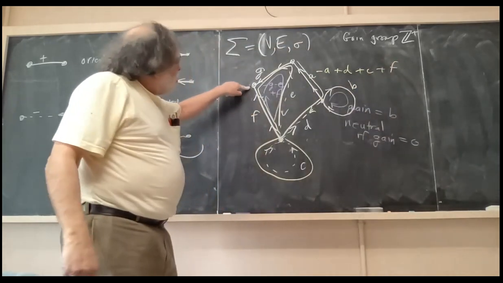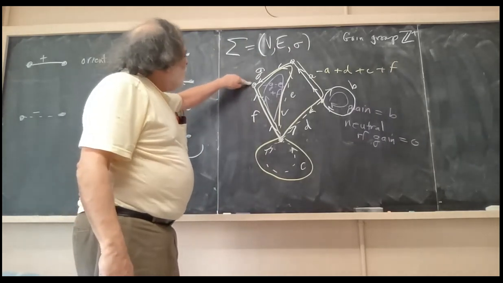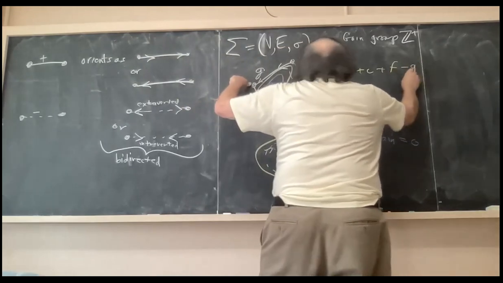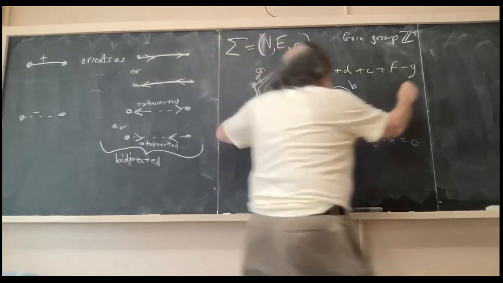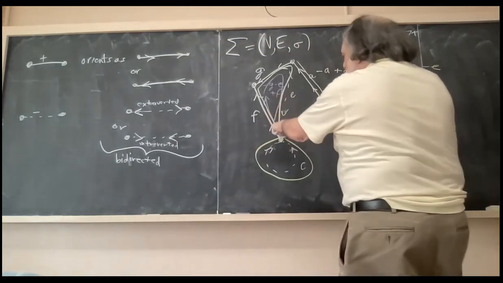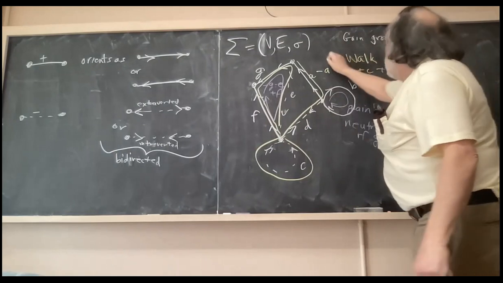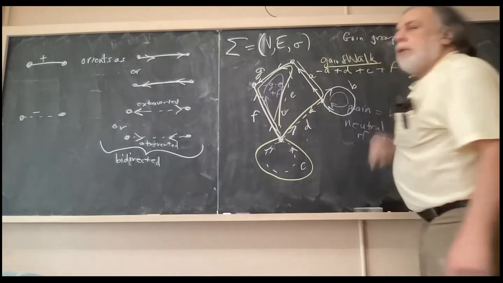And I think the actual rule might be more complicated, but there's no point in making it even more complicated. So here we hit a disagreement. So I will subtract G, and then I subtract E because it agrees. And then, oh, I stop. Okay, so this is a walk. The gain of the walk.